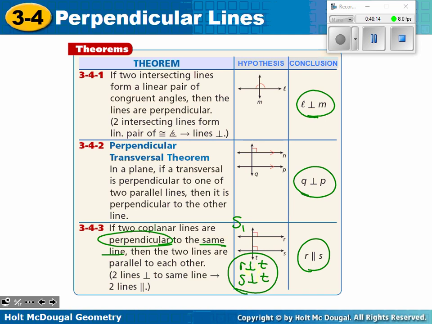If two lines are perpendicular to the same line, then they are parallel. And those are your 6 ways to prove lines parallel. Most of them start with converse of. So when you're looking at a proof, you're looking, do you have angles? And if you do, and you're trying to prove lines parallel, converse of.